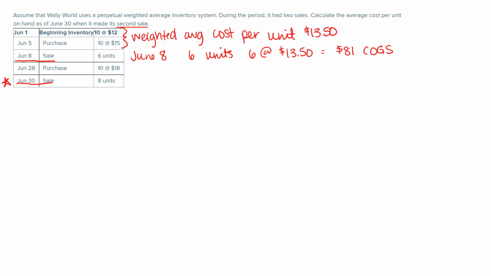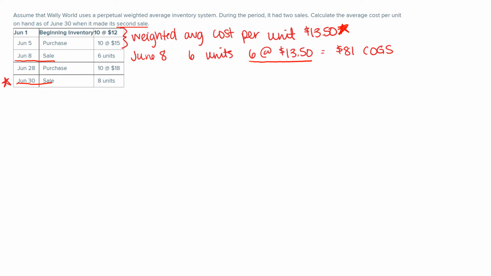Just as a reminder from the previous problem, we calculated the weighted average cost per unit to be $13.50 for the units that were on hand for the June 8th sale, and 6 of those units were sold at a weighted average cost of $13.50 each.